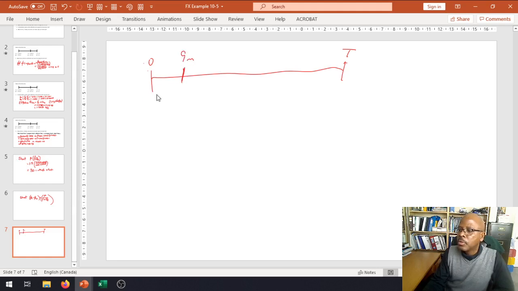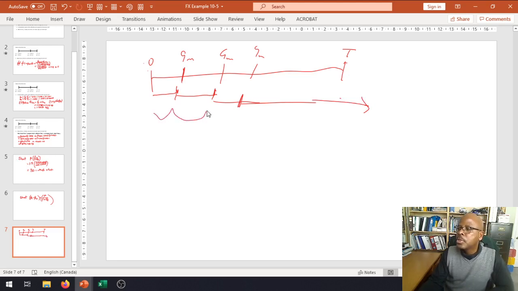You take the futures contract up to here, and then just before it matures, you enter into another futures contract for another 9 months. And then just before that matures, you enter into another futures contract for another 9 months, and so on. You keep doing this until you get to the maturity that you want. So you keep essentially rolling your hedge forward.